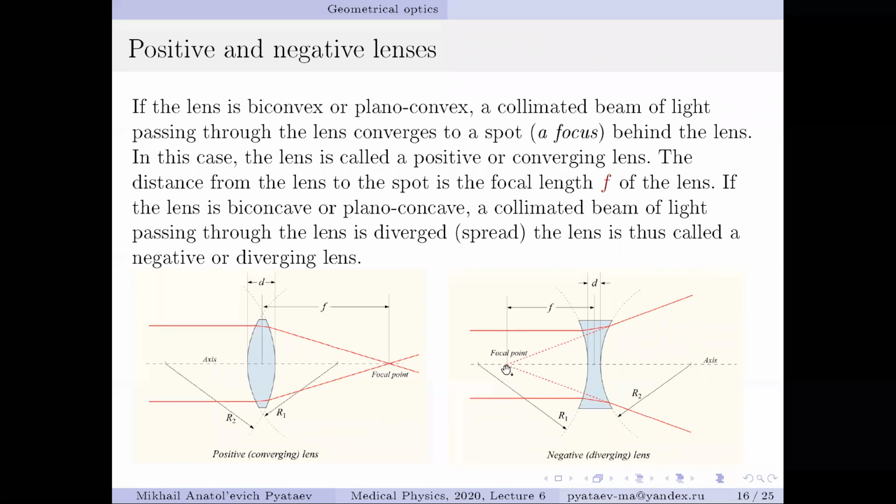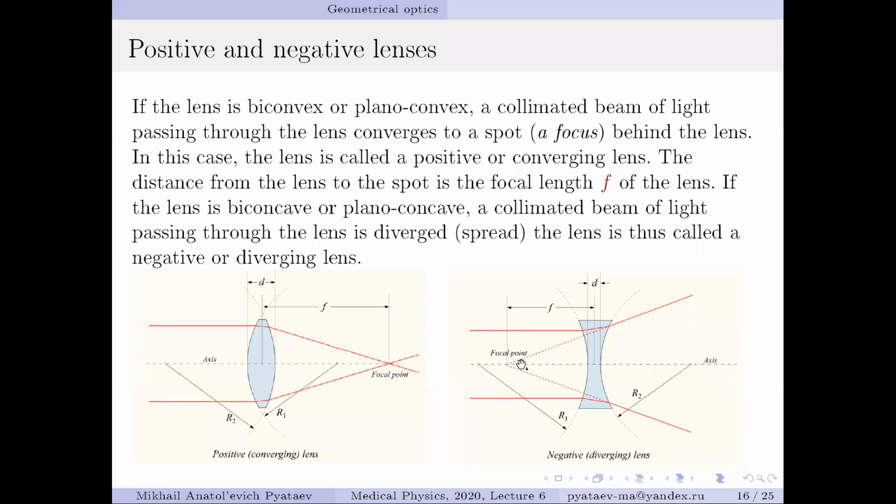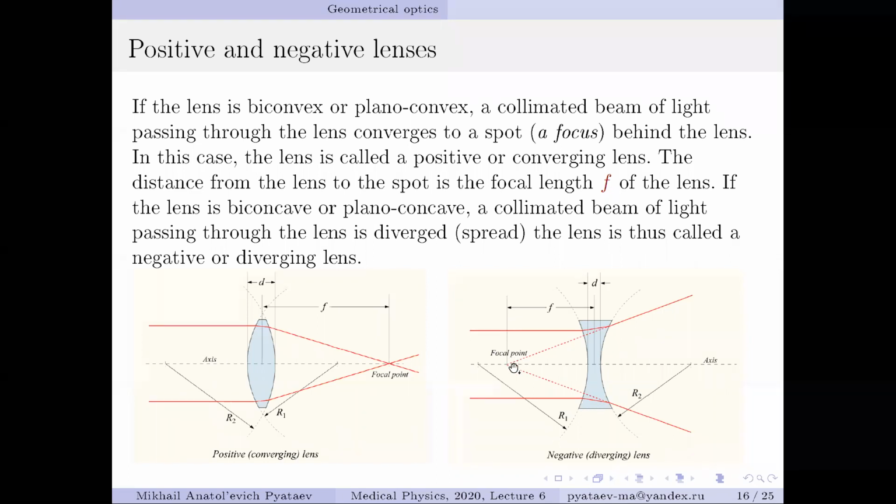In case of a negative lens, the rays cross in a point which has no actual intensive light. So this sort of crossing is called an image point.